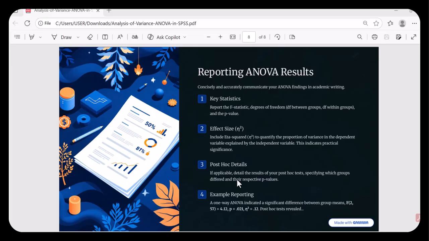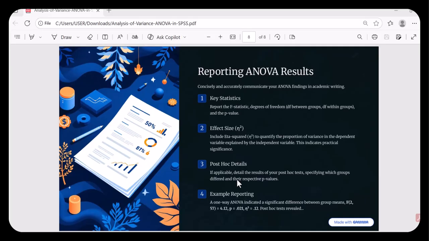Let's say the achievement is by teaching method. The total variance is 100, and the treatment is not the only thing that determines the outcome. So the eta square gives us the information on the amount of variance that our independent variable accounts for.